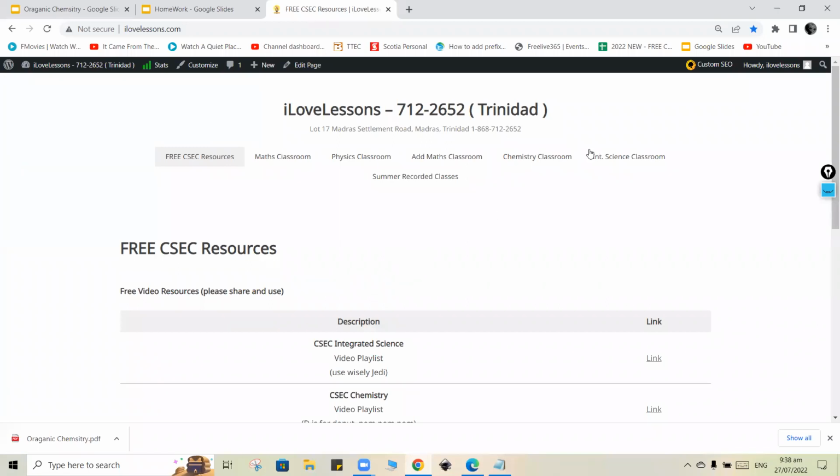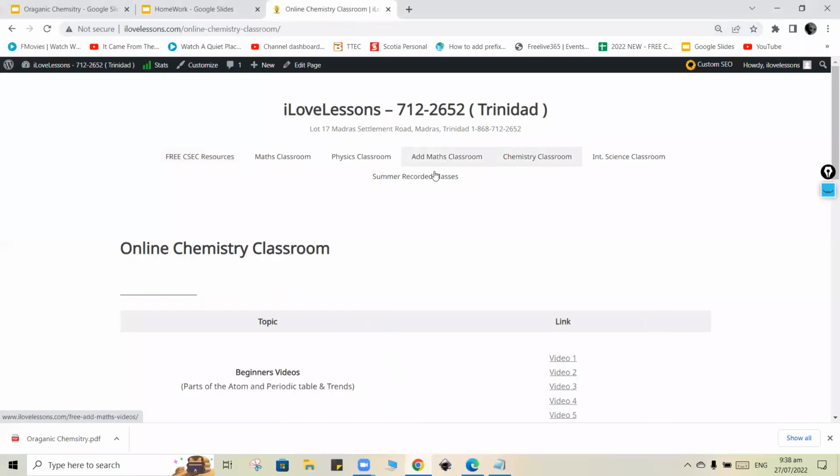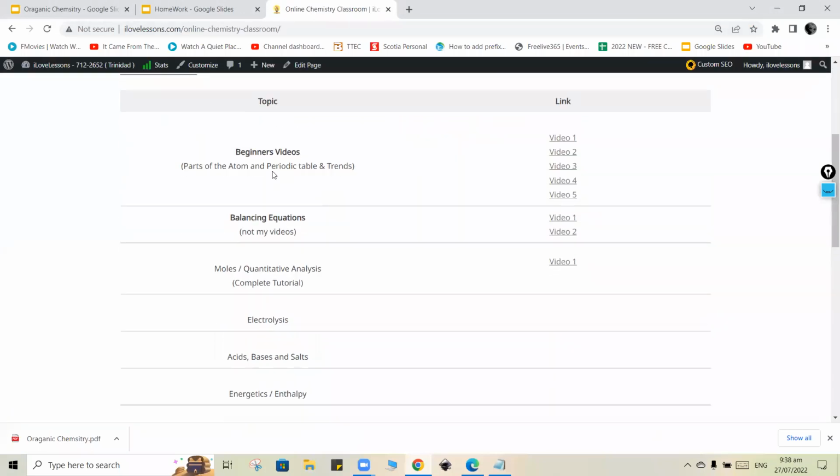If you are having problems balancing equations, I have a very simple solution for that. All you need to do is go to the school website, go into the chemistry classroom. You'll see me doing it here on the screen. And right below the beginners videos is balancing equations. You have 2 videos. That was going to be part of your homework today in any case.